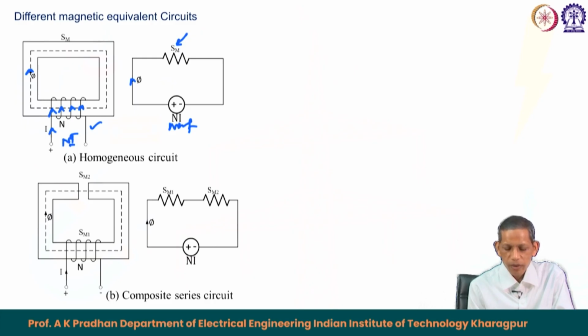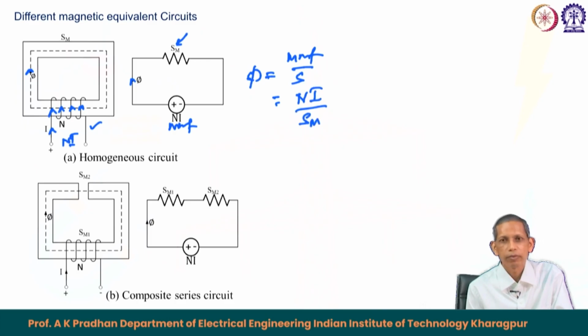So, phi becomes equal to, as we have already discussed in the earlier slide, MMF upon S. So, this becomes equal to Ni upon Sm in this case.